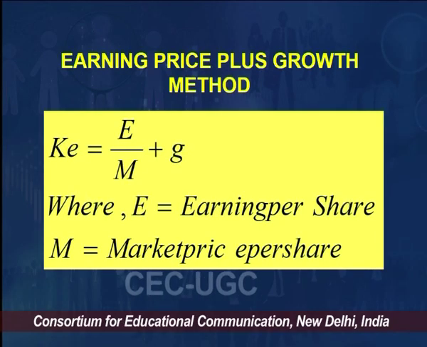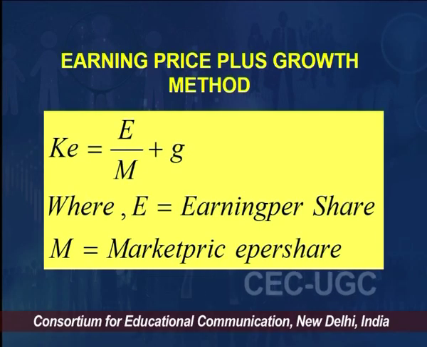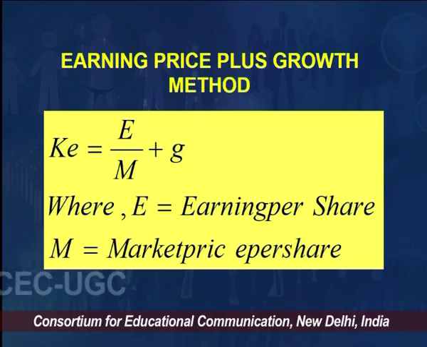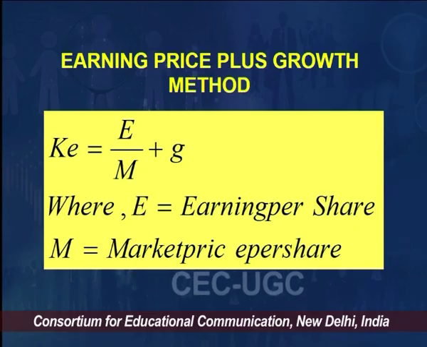So very much in the same pattern, we have E divided by M plus G, which is growth. E is earning per share, M is market price per share, and G is growth. So what is G? Let me explain it to you. G is the rate of growth. If it is given in the example, fine.